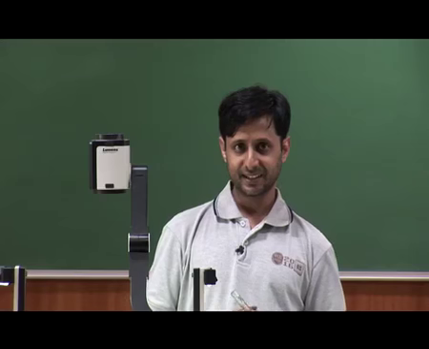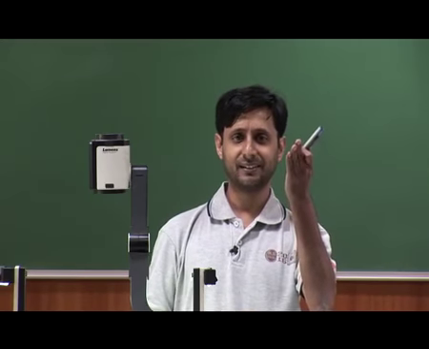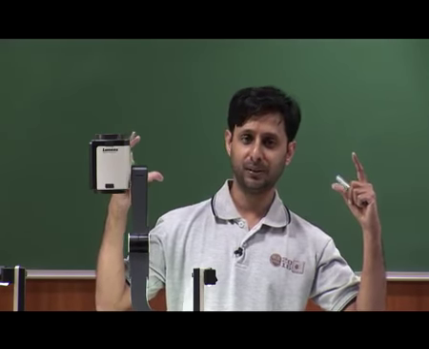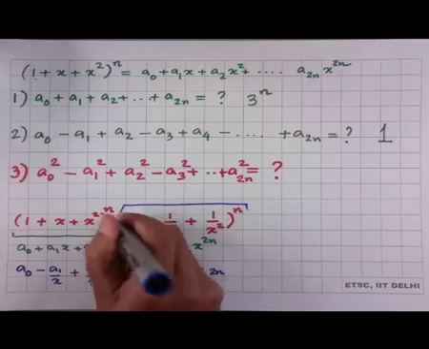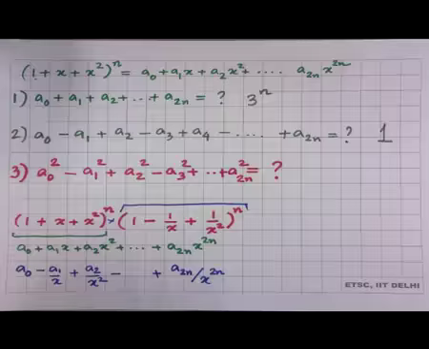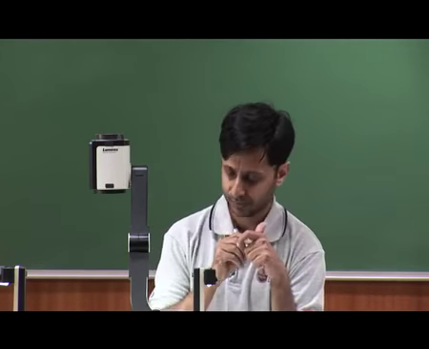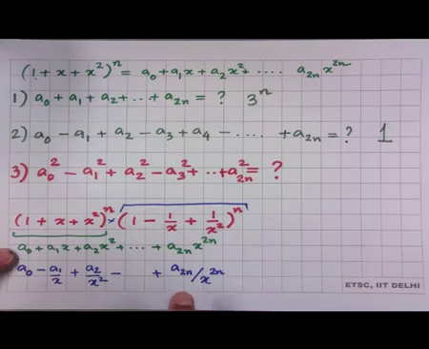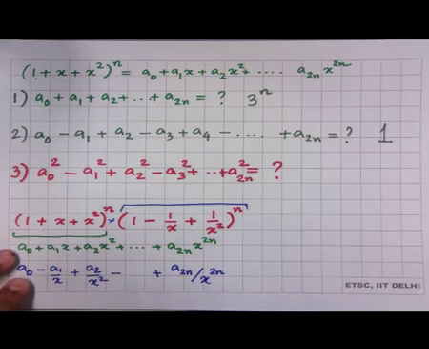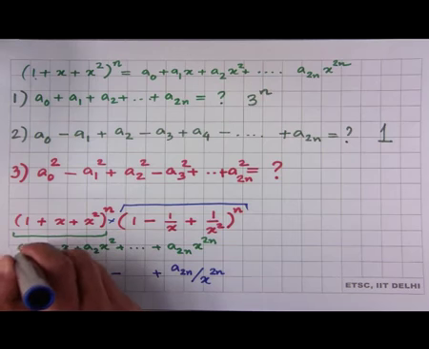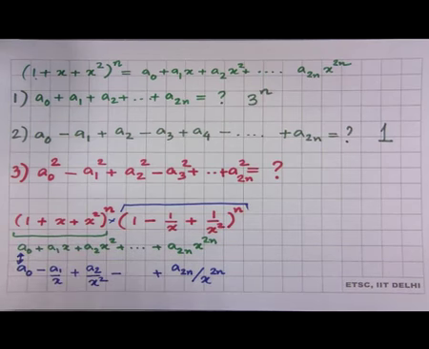Okay. And if you look at the product of these two expressions, what is the term that is independent of x? No x. So if I multiply this a naught with any random term, I will have some x in that random term unless I multiply it with this first one. So if I multiply these two, then I get something independent of x.